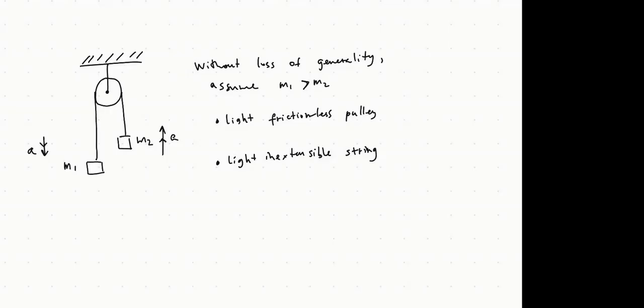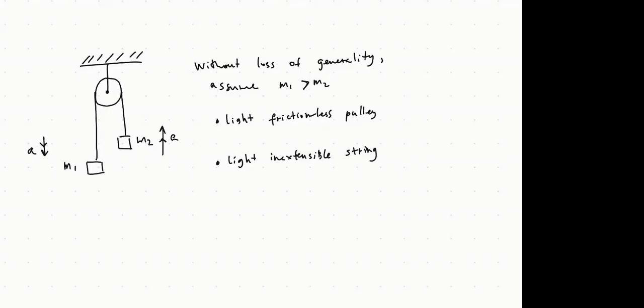So if the pulley had mass, you would need a force to accelerate it, and that would mean that the tensions in the rope would be different. The same for friction: if the pulley had friction, the tensions in the two sides of the rope would be different because you need an effort to pull the rope.